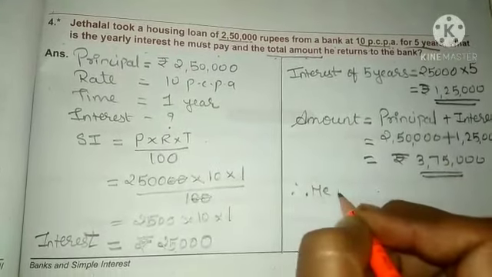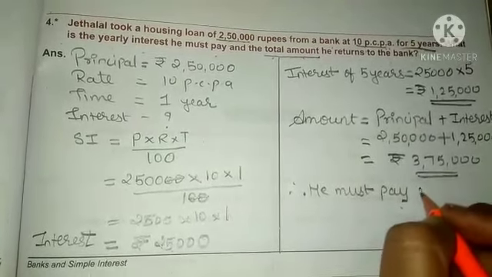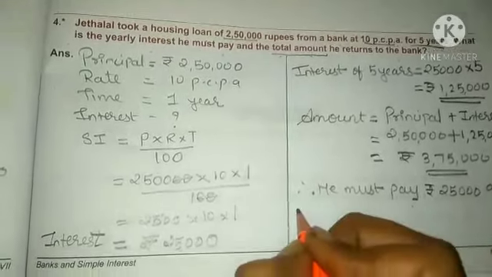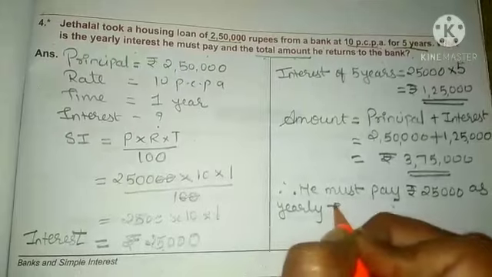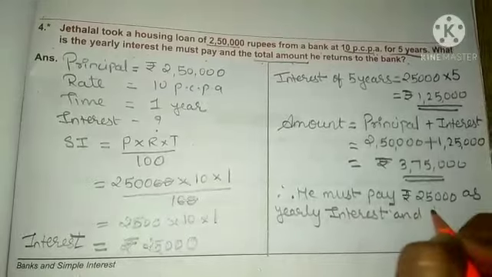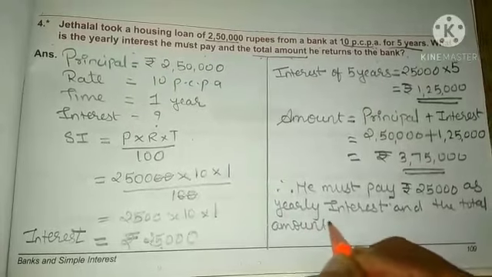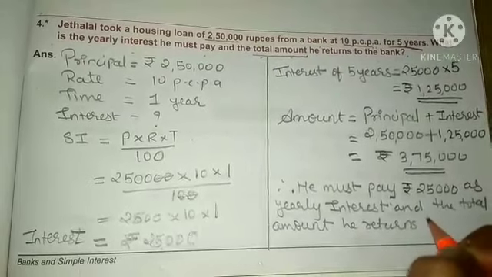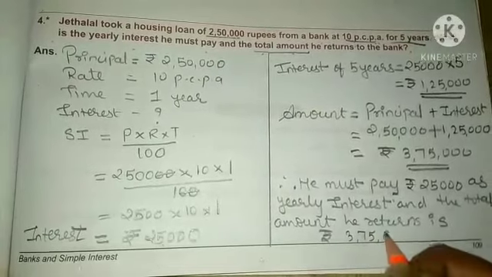Clear? So here we will write down, therefore, he must pay rupees 25,000 as yearly interest, and the total amount he returns is rupees 3,75,000.